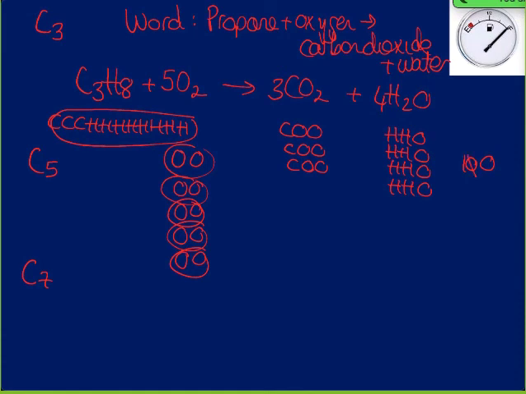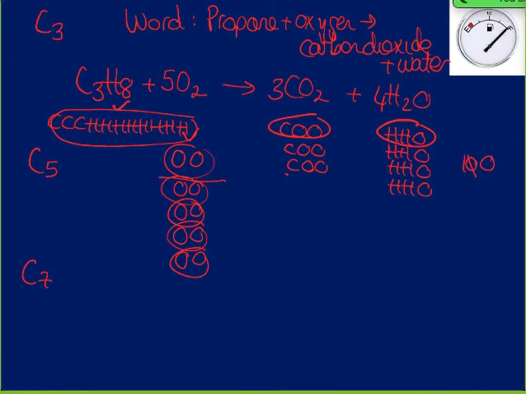Okay, so Gerald and Charlie, if you can't do it just by looking at the formula, then you can do it using the bubbles. So I started with these guys. I have to have 3 carbons on my right hand side, so I need to have 3 CO2s. I have to have 8 hydrogens on my right hand side, so I have to make 4 waters.